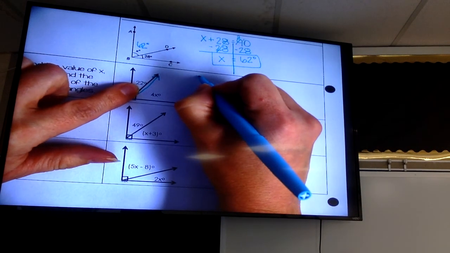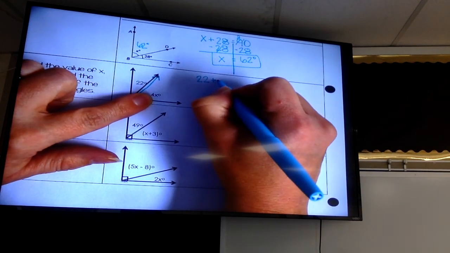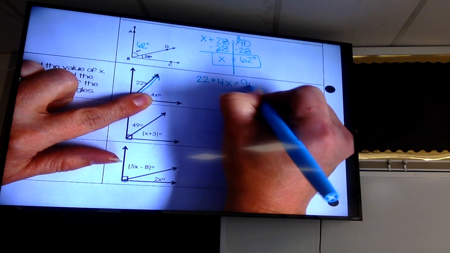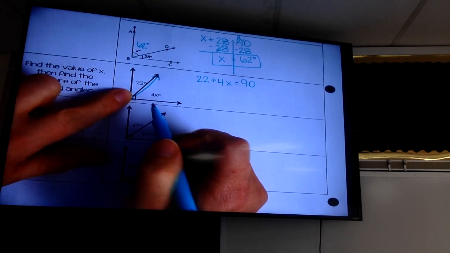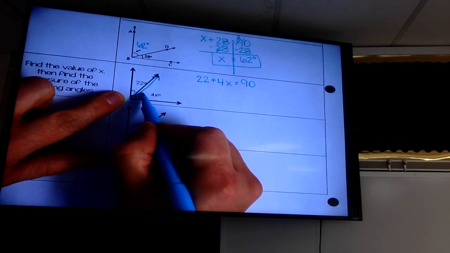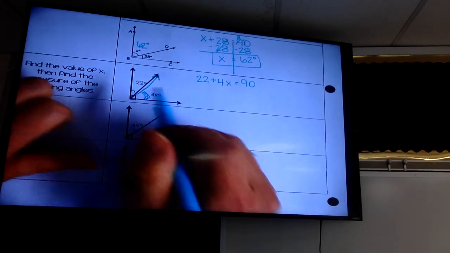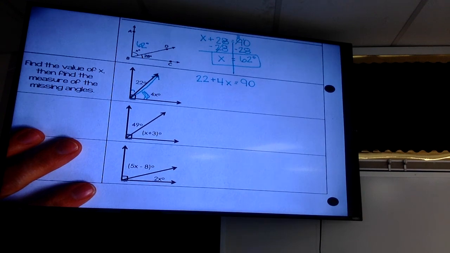So I know that this angle, that's 22 degrees, plus this angle, that's worth 4x, together they form a 90-degree angle. Again, this angle, which is 22 degrees, plus this angle right here, which is 4x, go together to create the 90-degree angle that you see there.